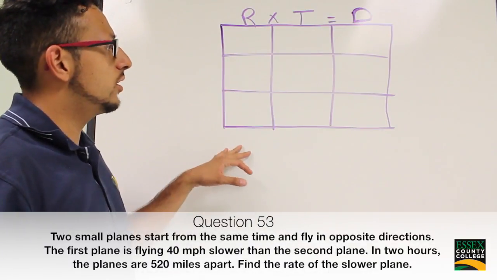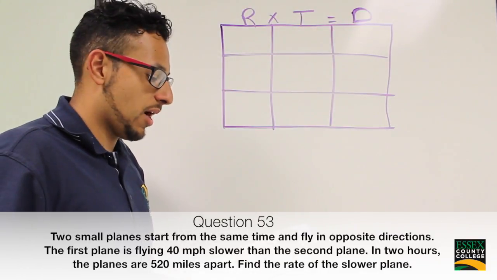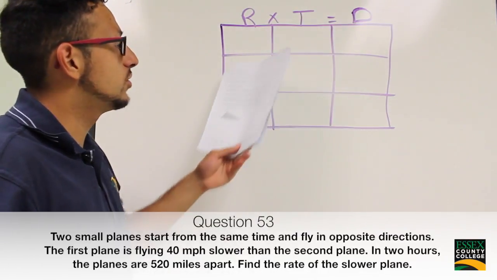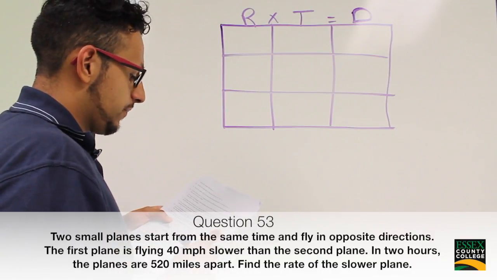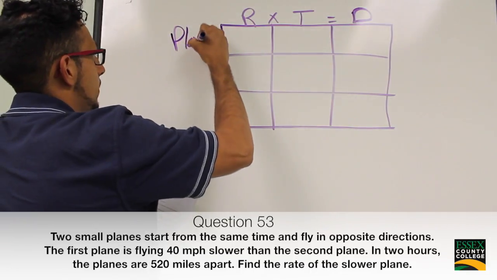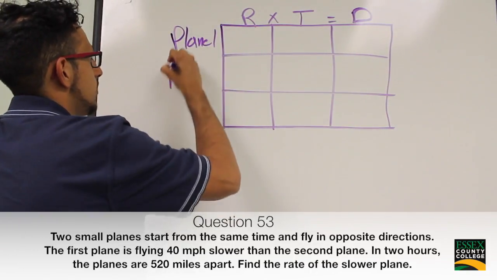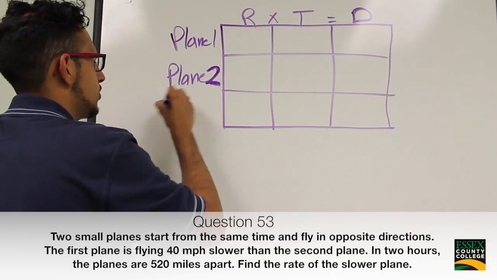So we can draw the chart rate times time equals distance, because this is a rate times time equals distance problem. From the information they gave us, we can label this as plane number 1, this could be plane number 2, and this could be the total.